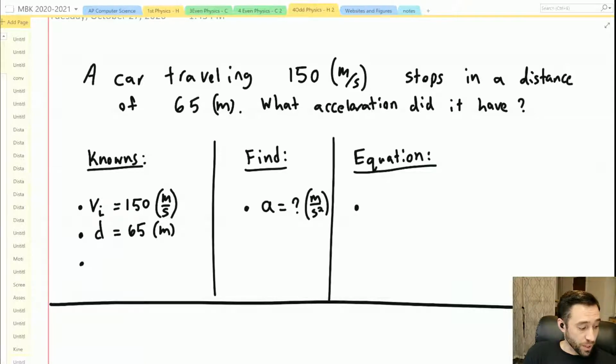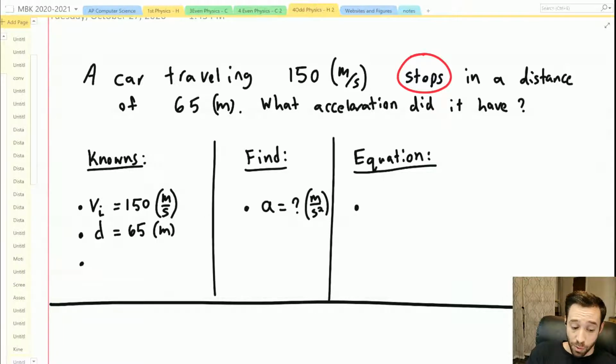So my next question is, is there any other piece of information that's given to us in this problem that's not explicitly given as a numerical value? What's the key word in here that clues you into that? Stops. Yeah. So it stops.